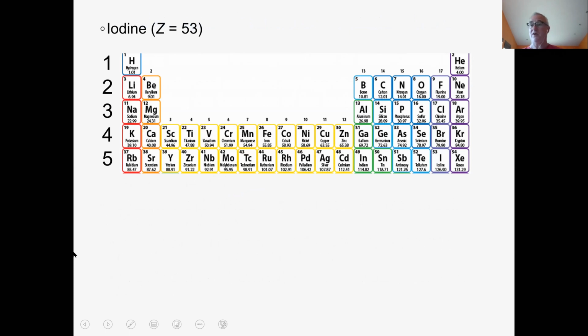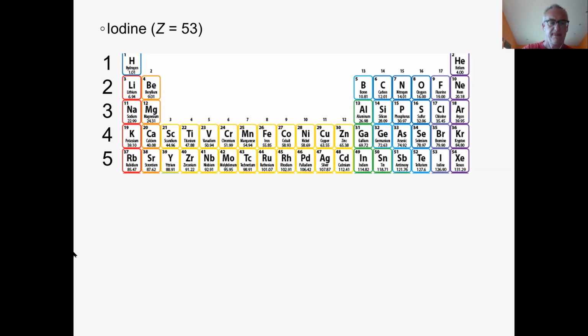So I included the periodic table here because it makes our lives much easier. It shows us where the noble gases are, and then we can just count. We can just use the periodic table to figure out what electrons we need to add. So where's iodine? Someone find iodine for me. Where would it be?